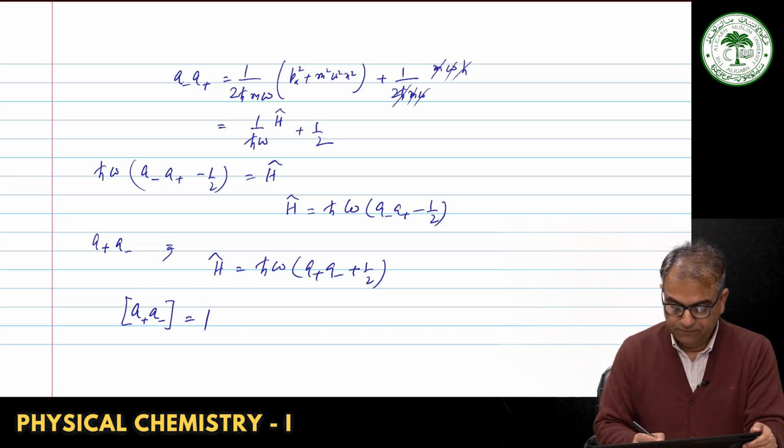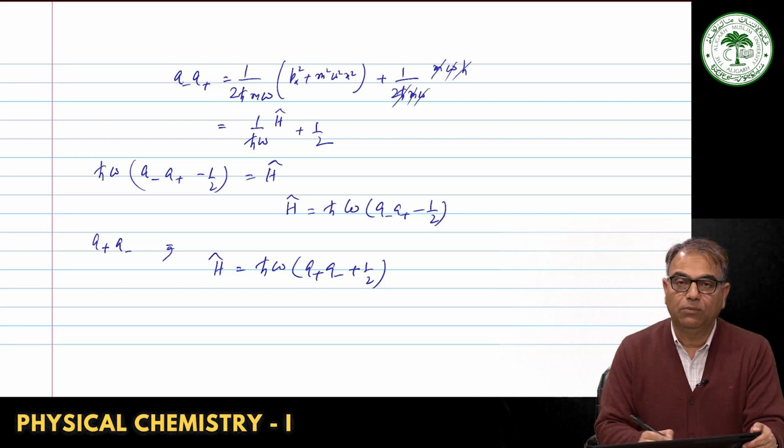And if you find the commutator for the operator a minus a plus, this becomes equal to 1.